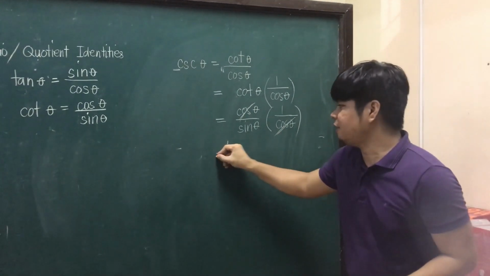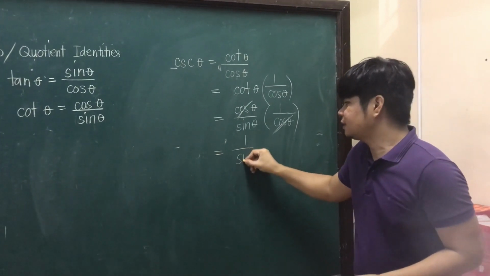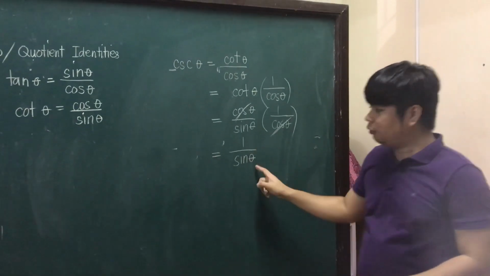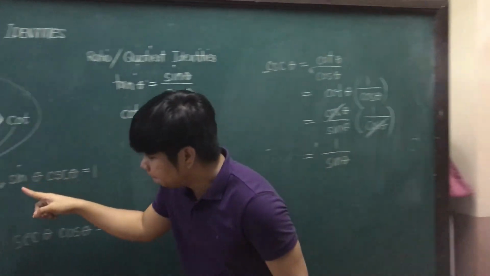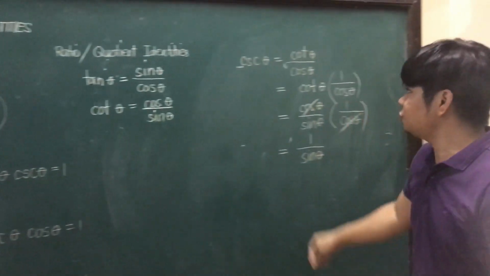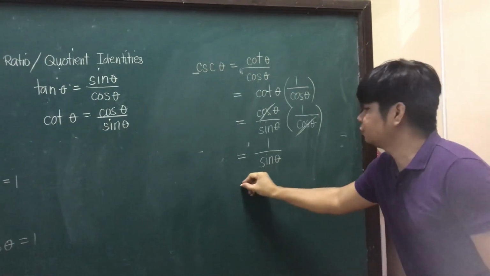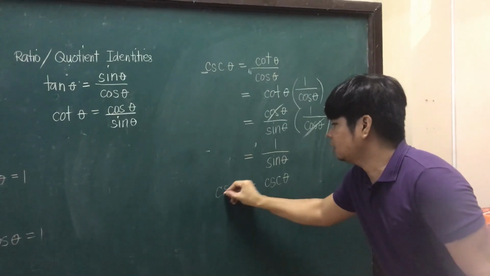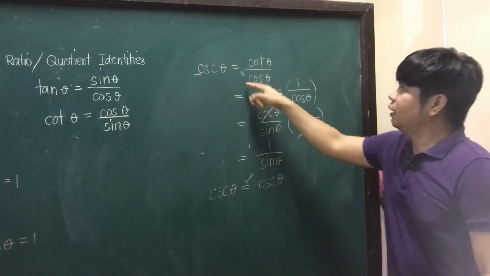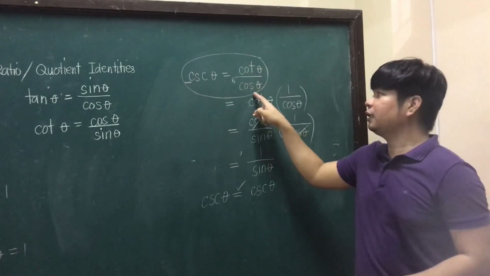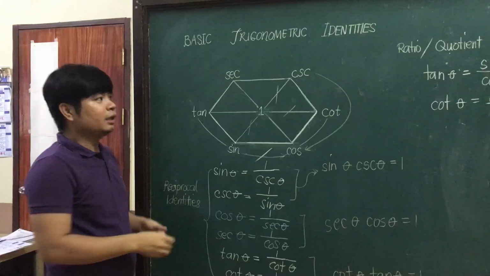So what is left? We have 1 over sine theta. We know also that 1 over sine theta is equal to cosecant theta. So it means to say, it is true. It is now true that cosecant theta is equal to cotangent theta over cosine theta.